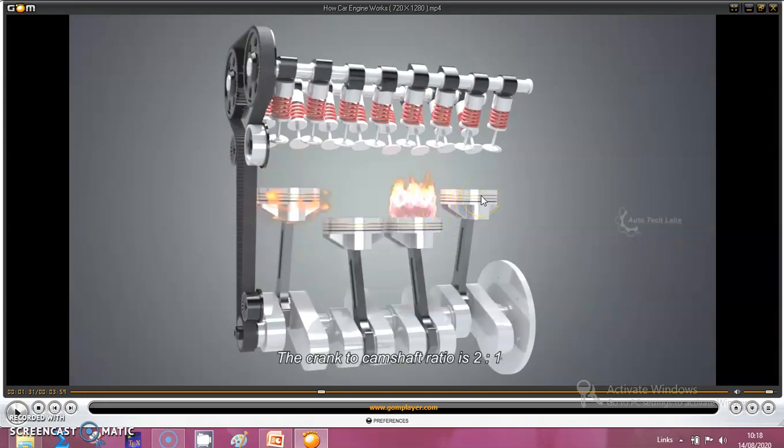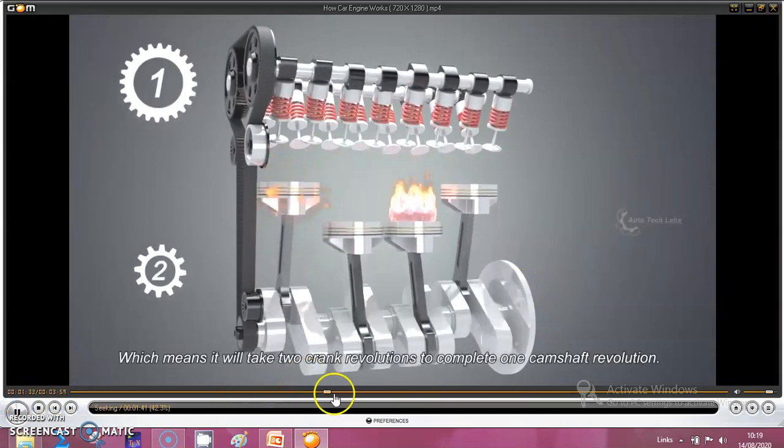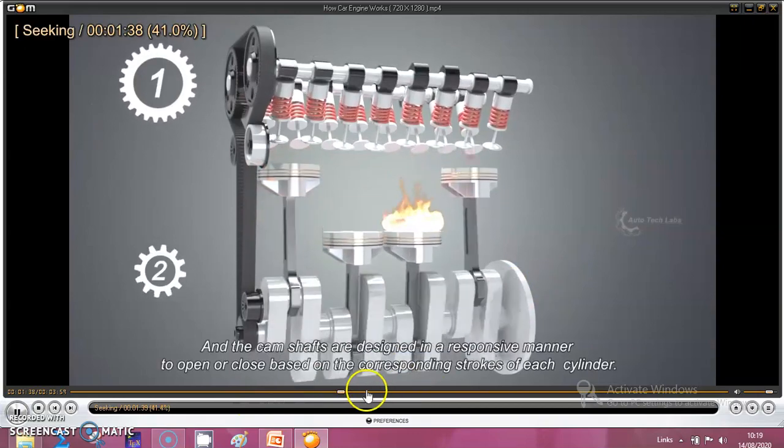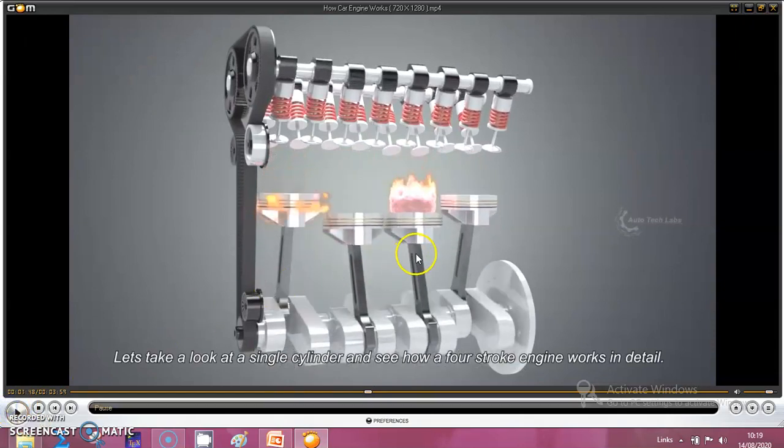So only the power stroke produces power. Then how does the engine turn continuously? Well, that is why we have this flywheel here. You can see a flywheel here. It provides the momentum which prevents the crankshaft from stopping immediately.